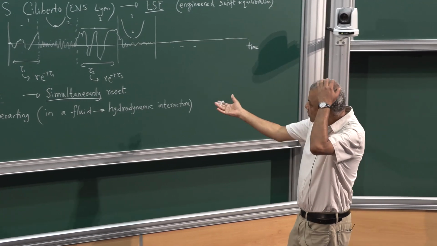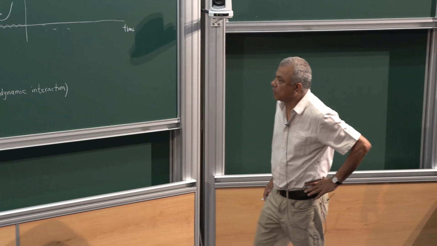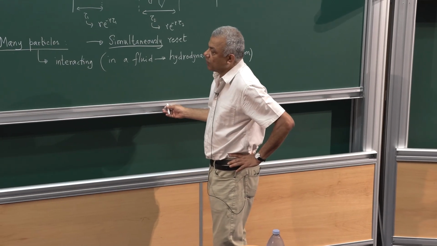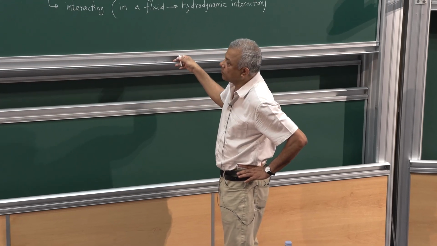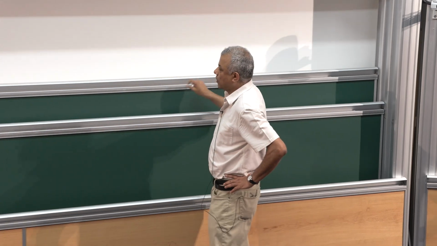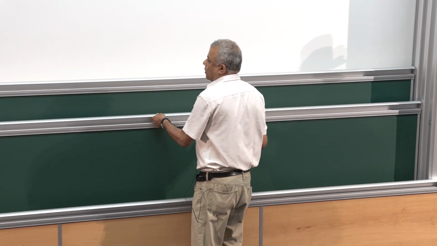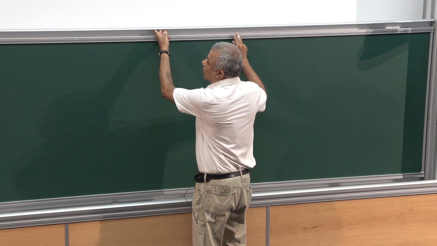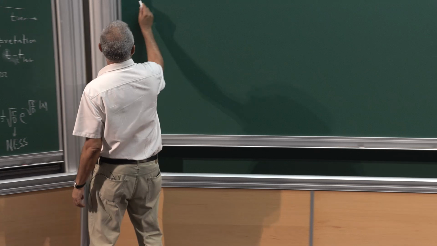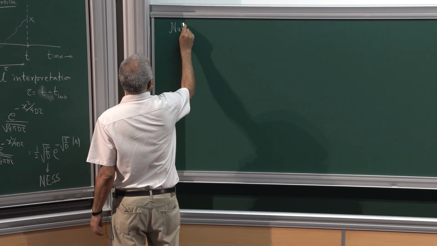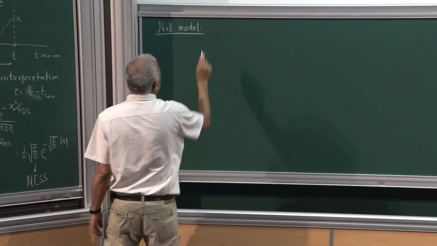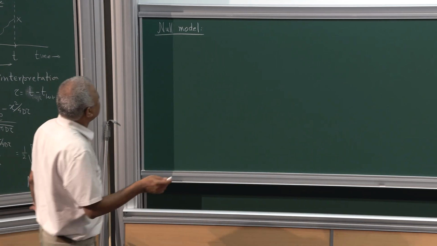Because of this interaction between the particles, we wanted to first, as a sort of reference problem, reference model, if you like, what statisticians would call a null model. So imagine that there is no interaction.